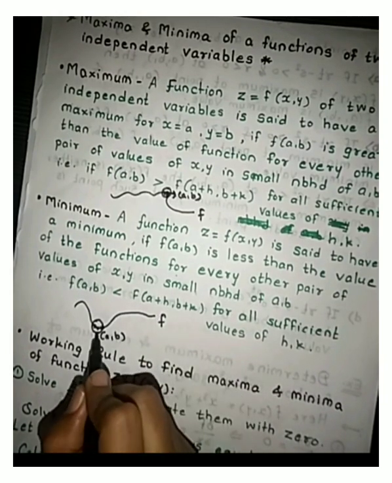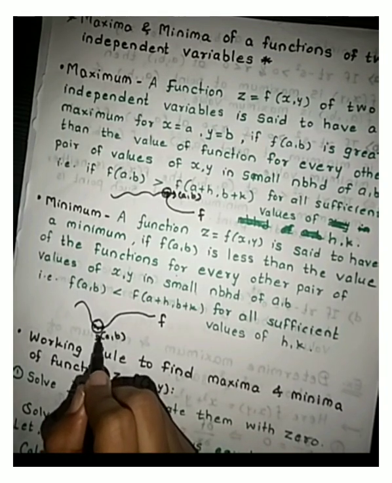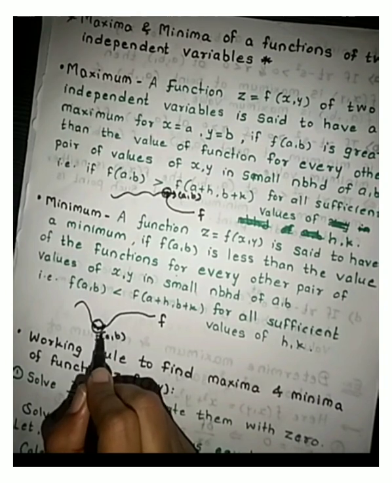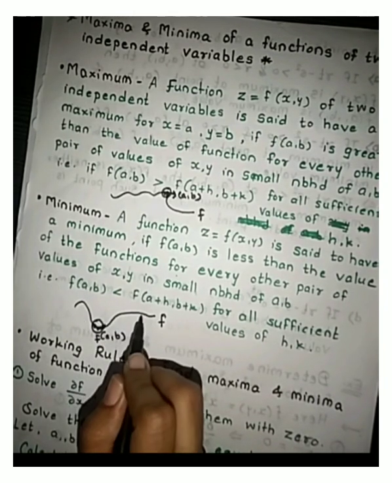So see here, this is f of a, b, and the value of f of a, b is less than all other points in the neighborhood of a, b. So this is the minimum point of this function.